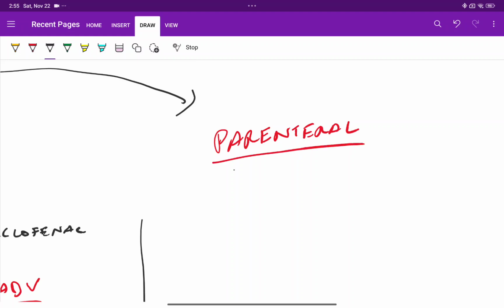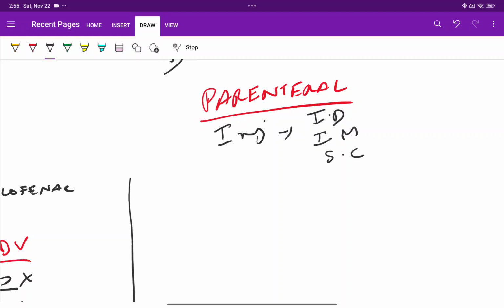In the parenteral route, it is mainly the injectable form. Injectable forms are like intradermal, intramuscular, subcutaneous, and intravenous, and other examples are also there for the injectable routes.